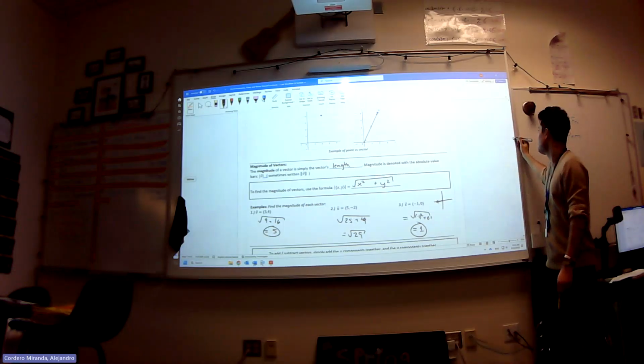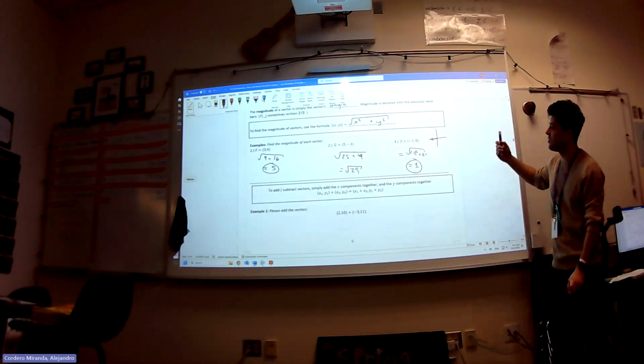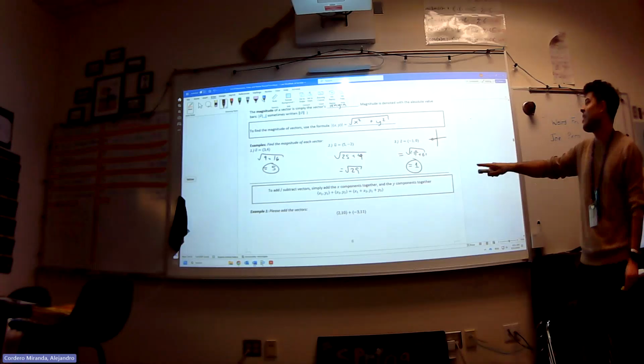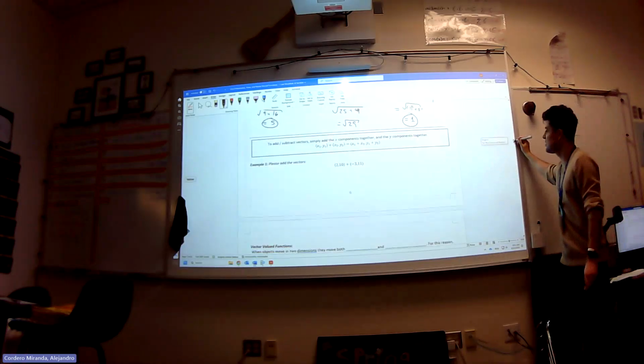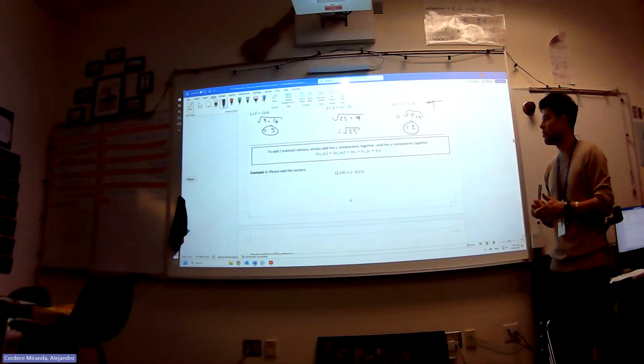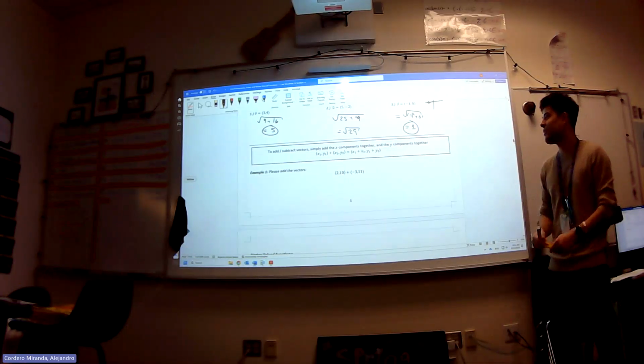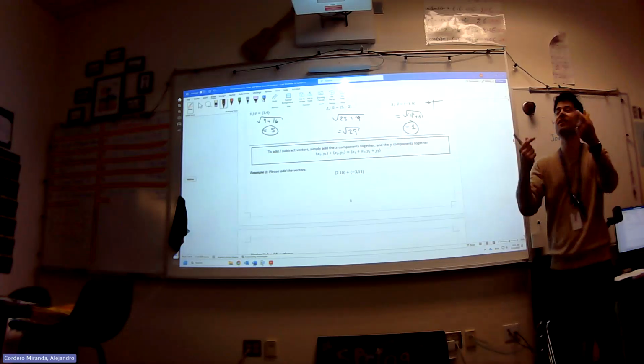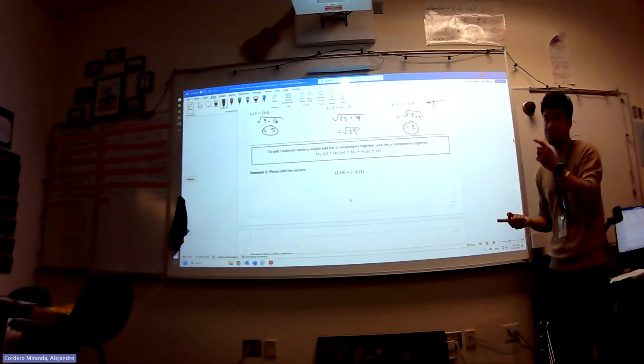Okay, then another simple thing just to get you to see that vectors really aren't scary: adding and subtracting vectors. Multiplying is its own thing. Actually, they have 2 different ways of defining multiplication in different contexts. But for adding and subtracting, it's very, very easy. You just take the x components and add them, and the y components and add them.